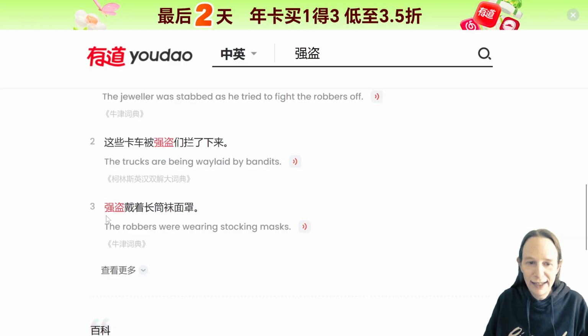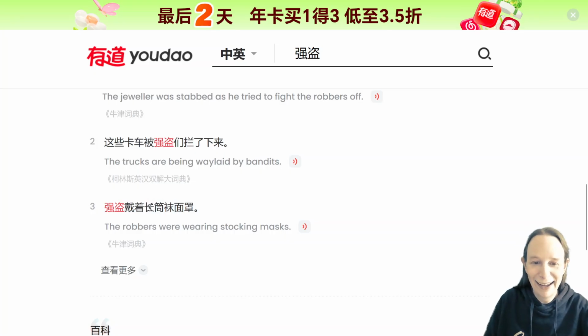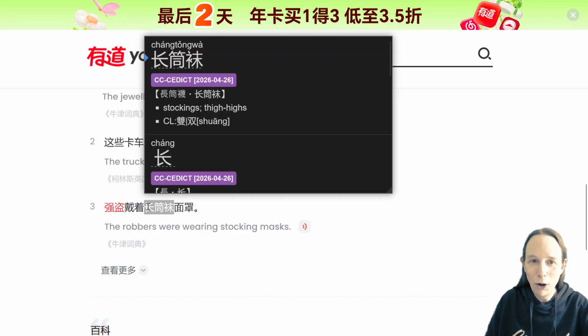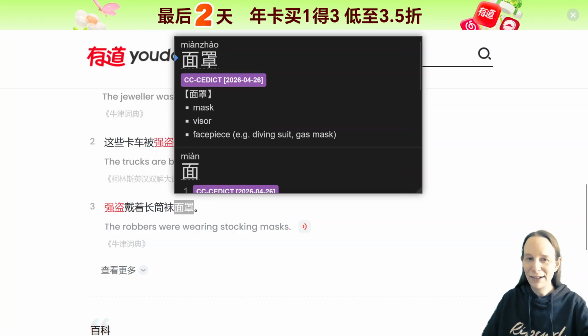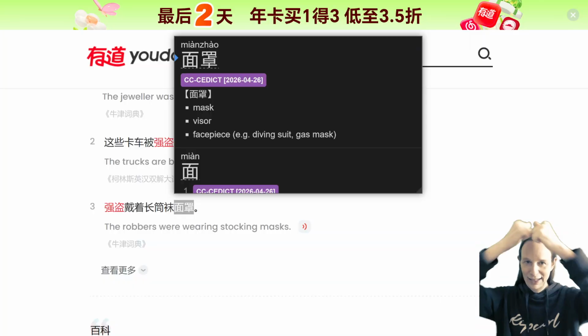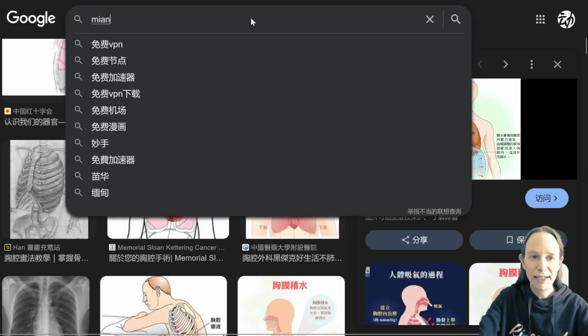强盗戴着长筒袜面罩. So I think they're taking socks and putting them over their head. 长筒袜, so long cylinder socks. So okay, stockings. And 面罩. So 面罩, it's like a face mask. So there's two of them. 面罩.